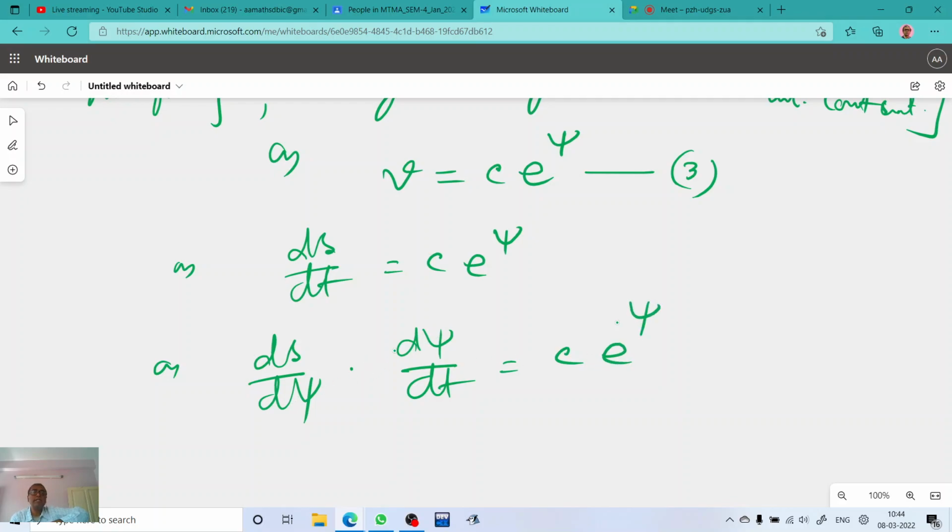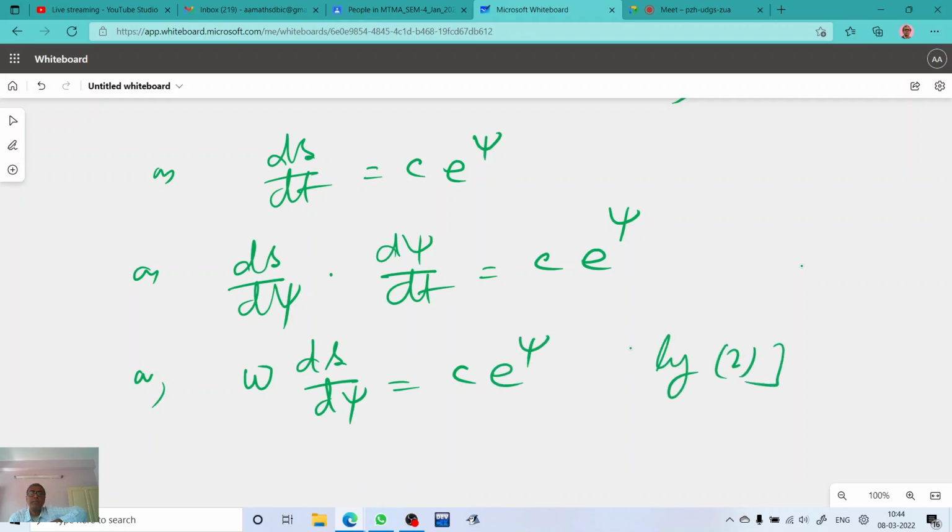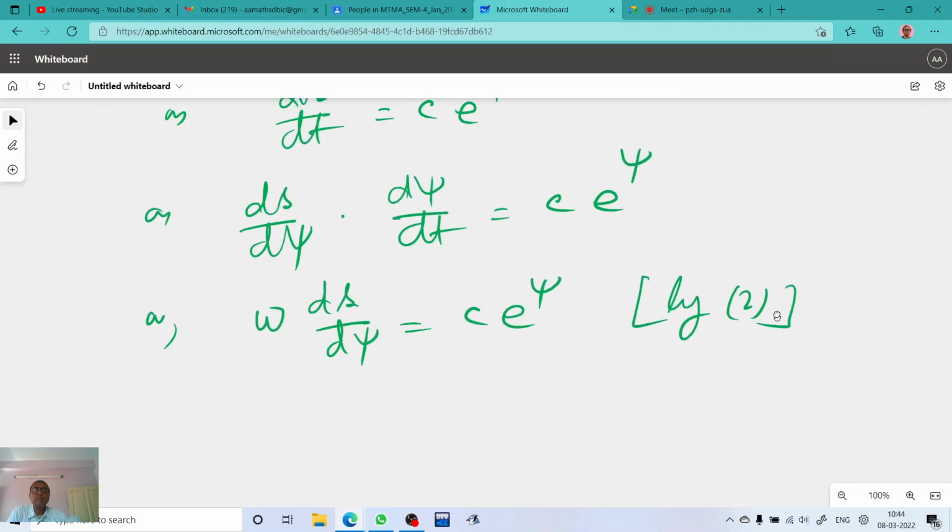Now here d psi/dt is equal to angular velocity, which is constant from the second condition. So we get omega into ds/d psi equals to c into e to the power psi by equation 2.